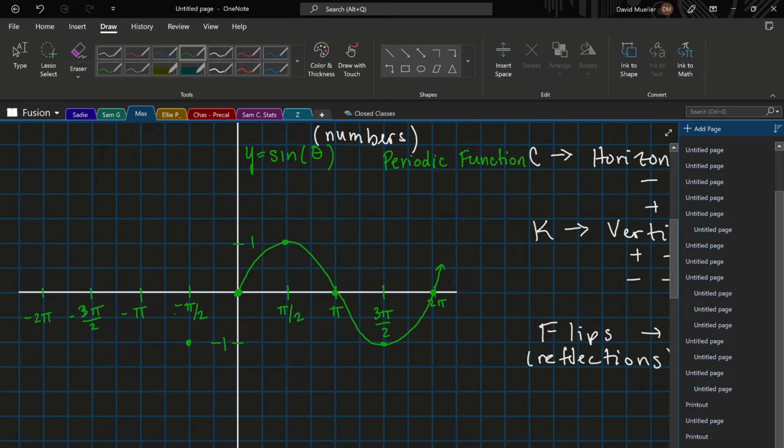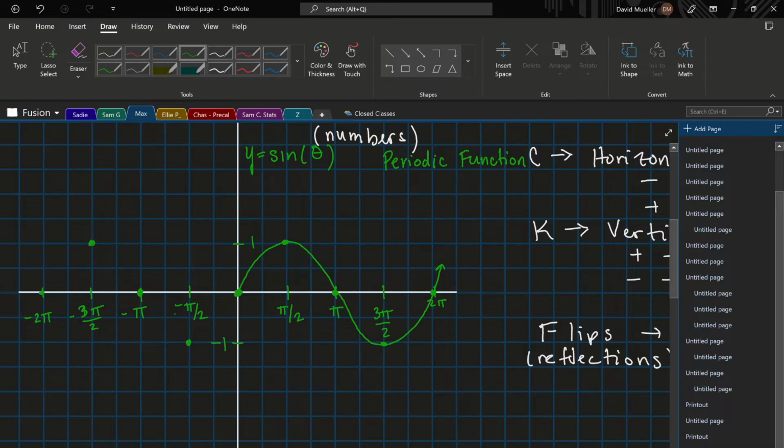What about for pi? Or negative pi, excuse me. That would be the same as what? Yeah, it's the same as pi, 0. What about negative 3 pi over 2? 1. 1, right? 0. And 0, yeah.